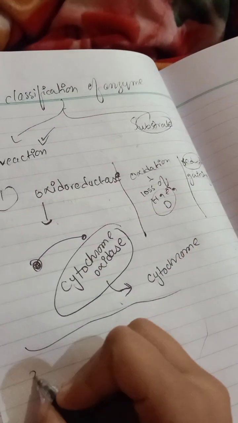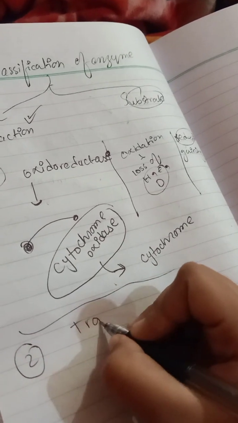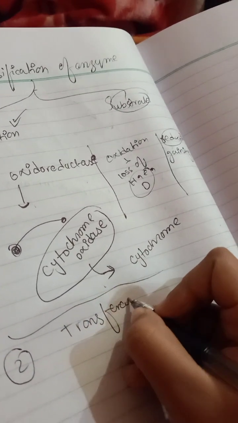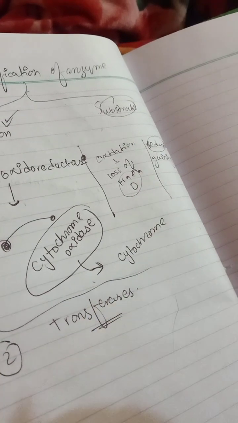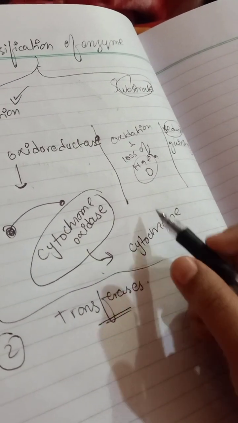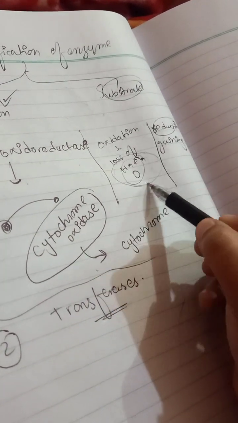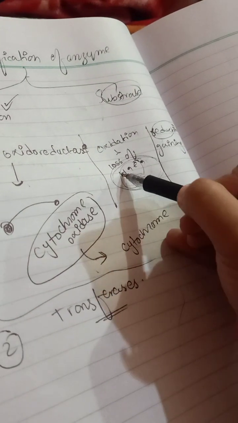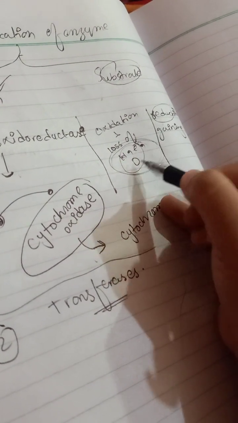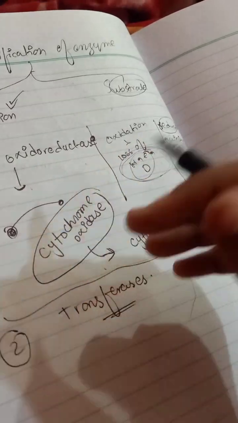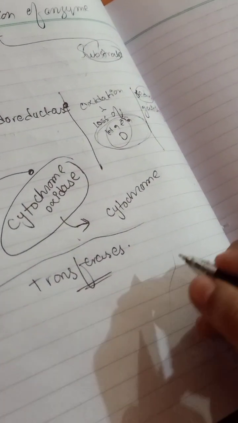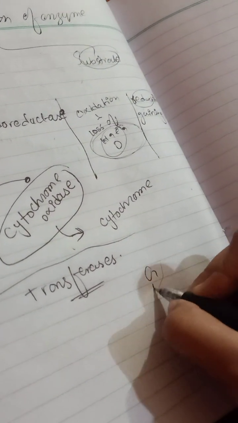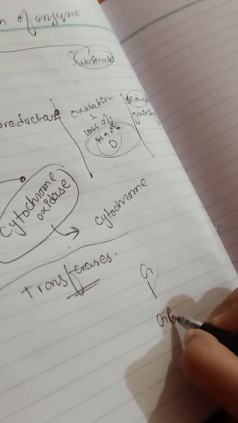Now the next group is transferase. What does it mean? These are enzymes that do not transfer hydrogen, electron or oxygen; they transfer a functional group. For example, in glycolysis we discussed glucose being converted to glucose 6 phosphate.